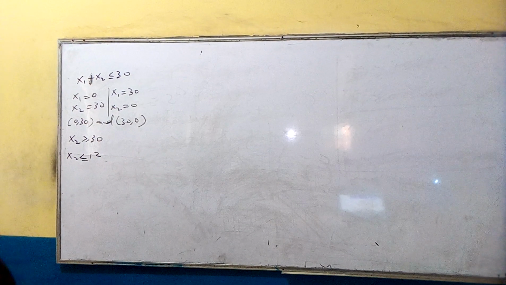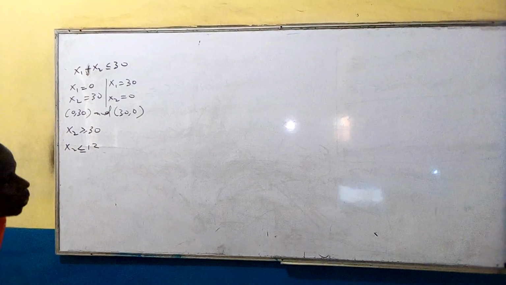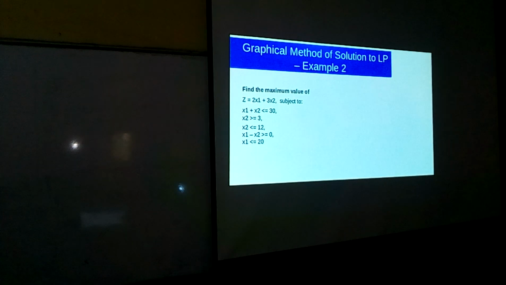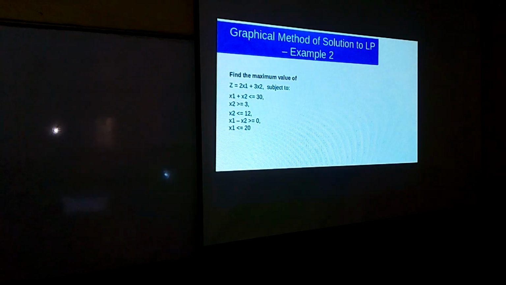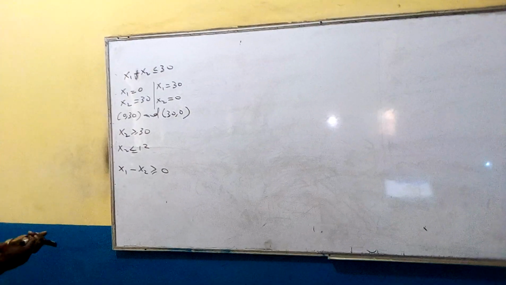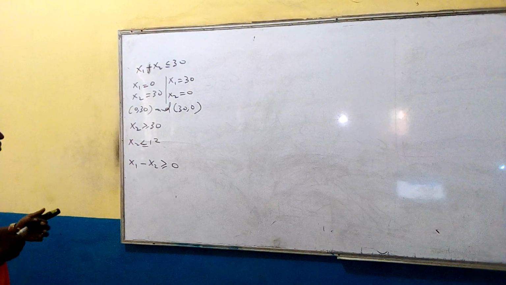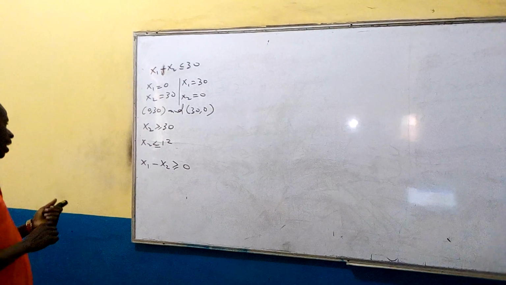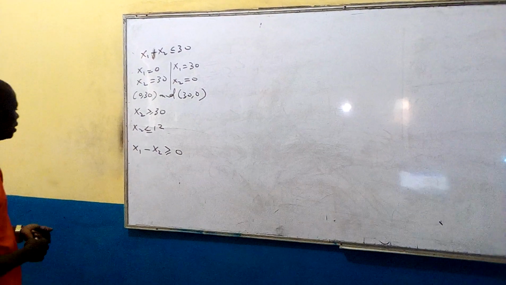Then x1 minus x2 should be more or equal to 0. So in that case, we'll be plotting x1 should be more or equal to x2, or x2 should be less or equal to x1.